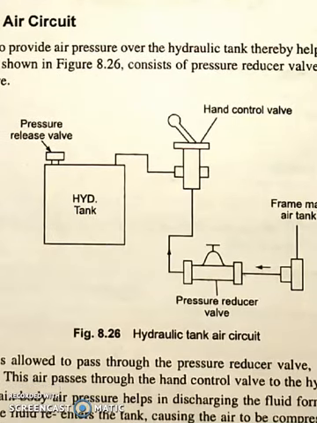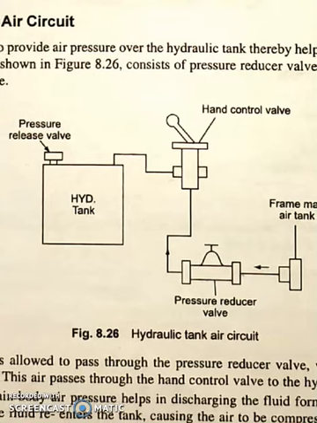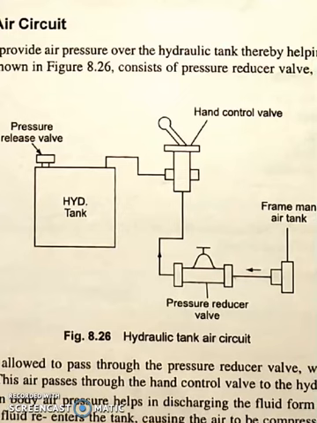Here the picture shows the hydraulic tank air circuit. The purpose of this circuit is to provide air pressure over the hydraulic tank, thereby helping in the flow of hydraulic fluid from the tank.